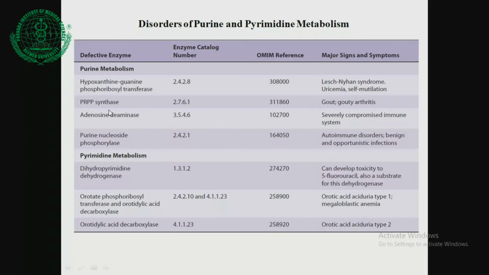Similarly, defects in the enzyme phosphoribosyl pyrophosphate synthetase lead to gouty arthritis. Defects in the adenosine deaminase enzyme manifest as severe combined immunodeficiency.